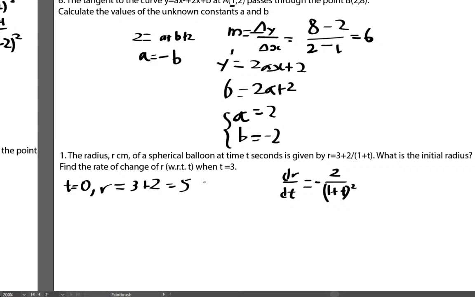When you evaluate dr over dt at t equals 3, you get negative 2 over (1 plus 3) squared, that's 4 squared, which is 16. So what you get is negative 1 over 8.